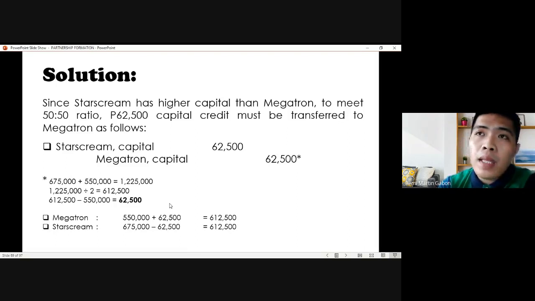To have the capital accounts at 612,500, bawasan si Starscream kaya nga dinebit yung capital niya, then dagdagan si Megatron kaya credit ang capital. Okay? Magiging equal na at 612,500. So that is the bonus method.